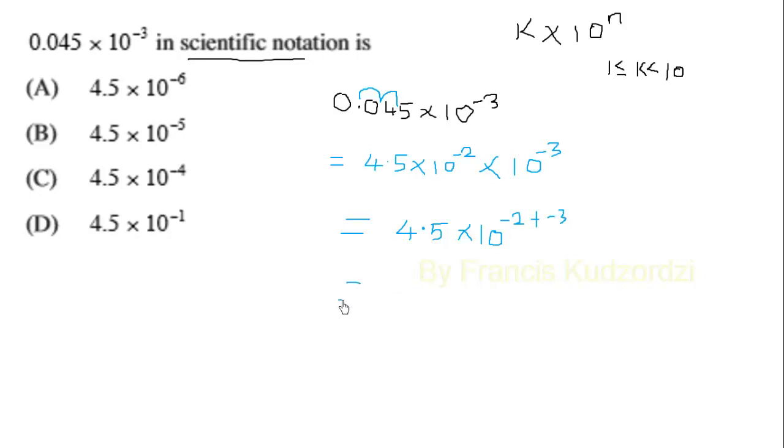So this will now be equal to 4.5 times 10 exponent negative 5. So the correct answer will be B.